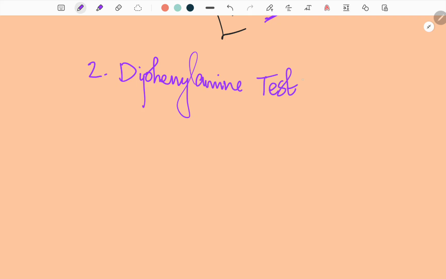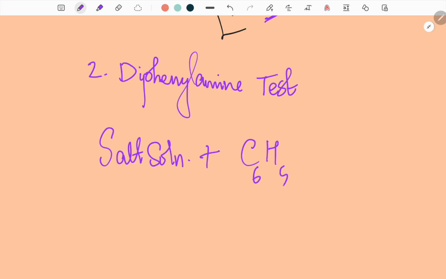The diphenylamine test is actually just adding diphenylamine solution to the salt solution. So you need to take a test tube which has the salt solution or the water extract, and you have to add diphenylamine. Now what is the formula of diphenylamine? It is (C6H5)2NH.